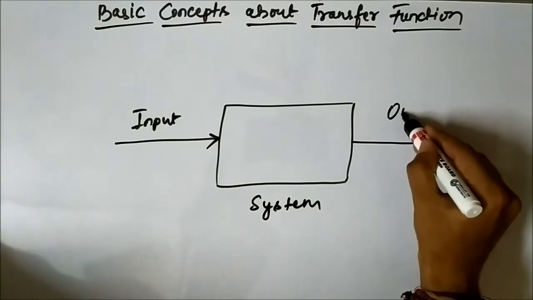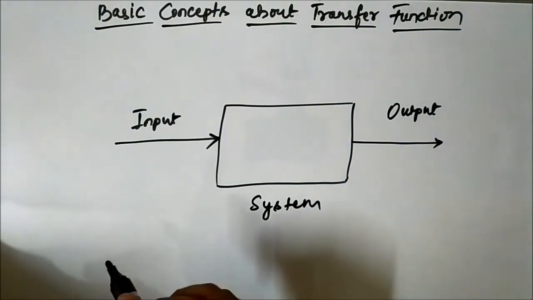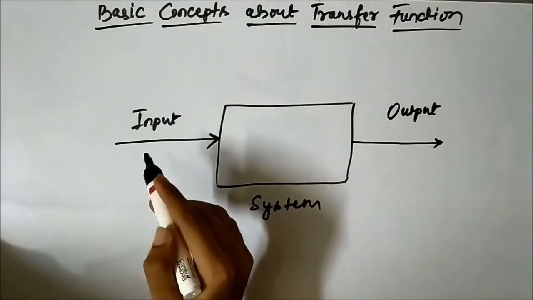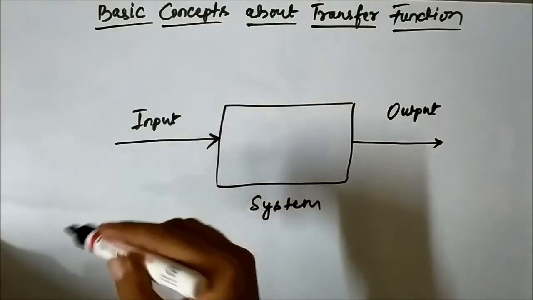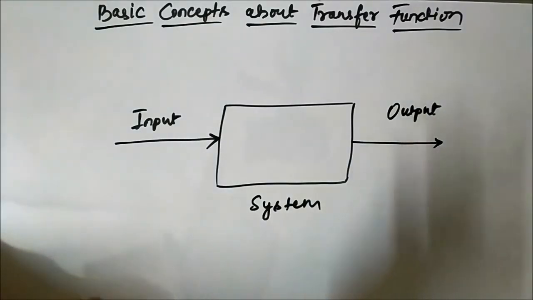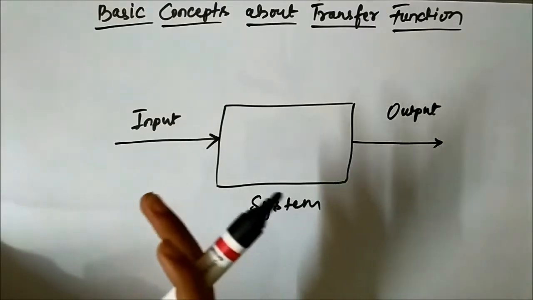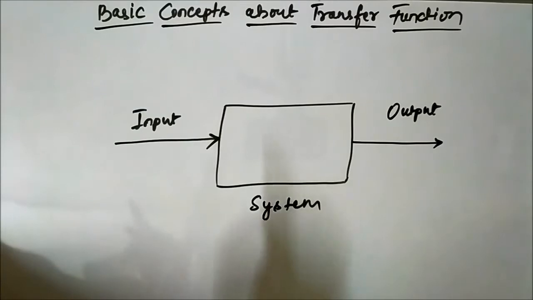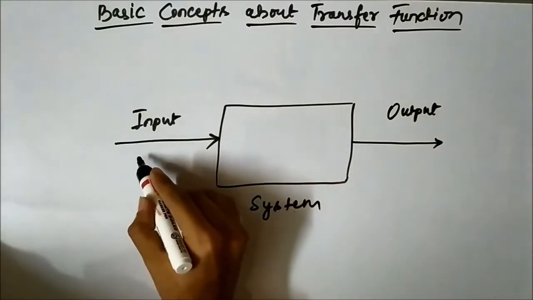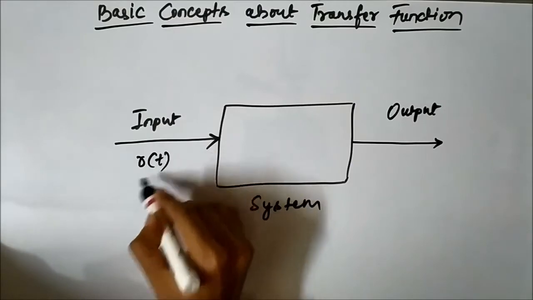Now this input is essentially a time domain signal, a signal whose magnitude varies with time. Let us represent it as r(t).